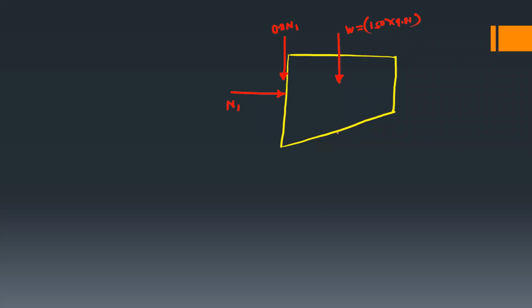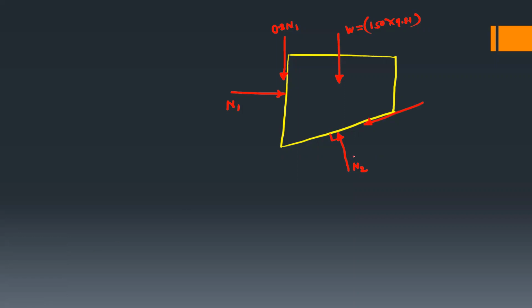Then at this contact surface, there is a perpendicular normal reaction offered by the wedge, and this is N2. It is a common reaction, perpendicular here. Then at this contact surface, there is a friction force along this plane, and this is the direction.